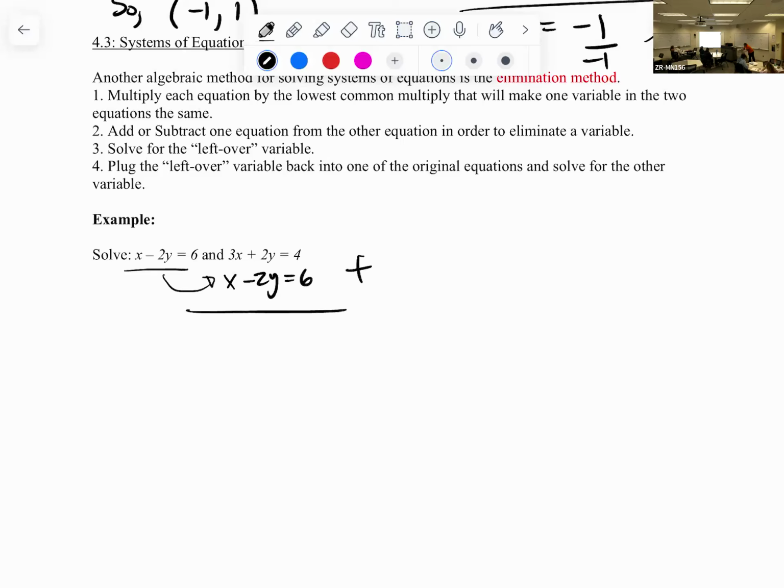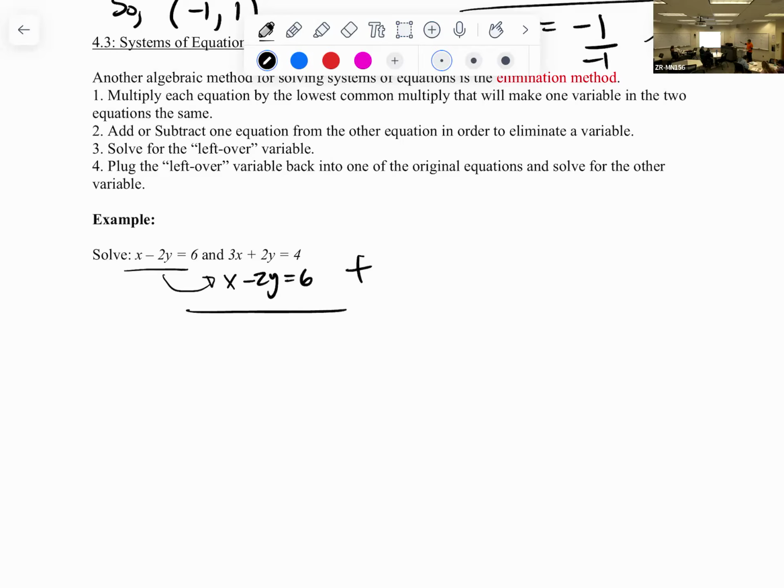And I can just add the two equations straight away. Sometimes you might need to multiply by a number first. But this one, I can literally see that I have +2y, -2y. I can sum this down, and one of the variables will go away.